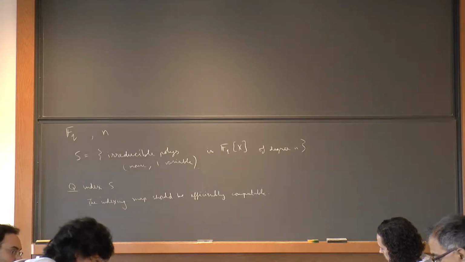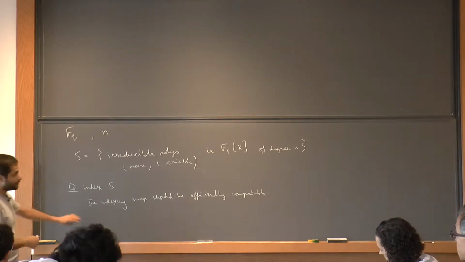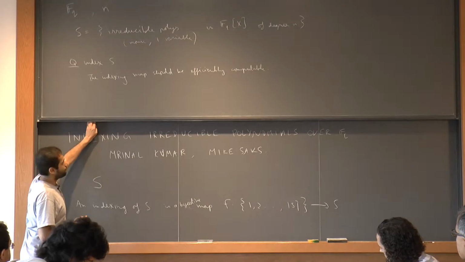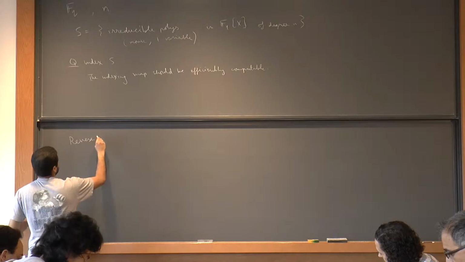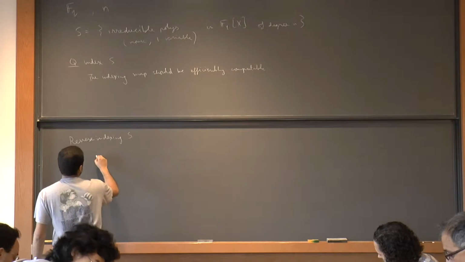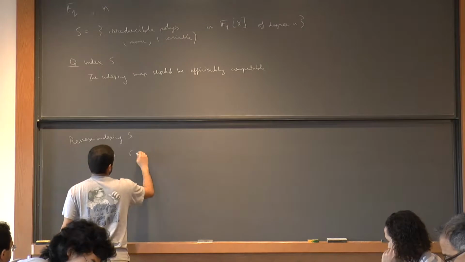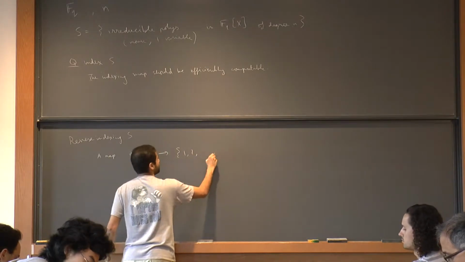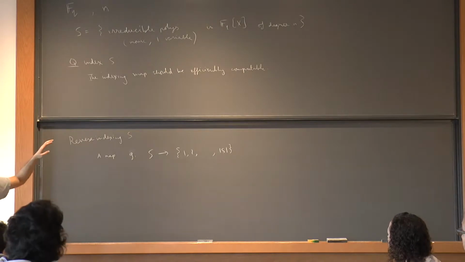Now do you mean just the map is efficiently computable, or its inverse also? No, I don't mean the inverse. One can ask a closely related question, which we call reverse indexing. Reverse indexing a set S is a map G from S to 1, 2, 3 up to the size of S. I said indexing is like giving names to every irreducible polynomial.